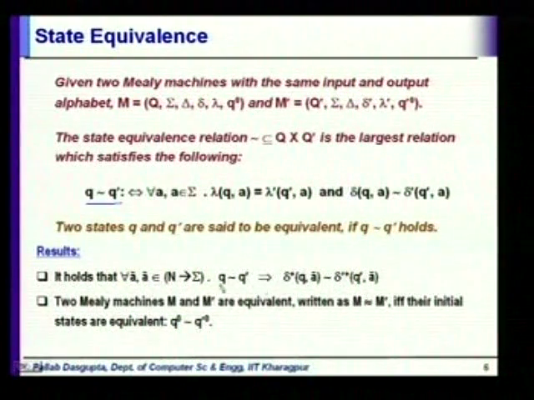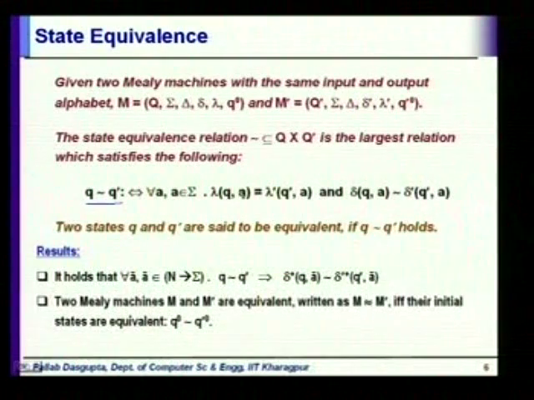What the statement above says is that the output lambda of q comma this one, given a single input, is the same, all right, but for lambda star also it will be the same.